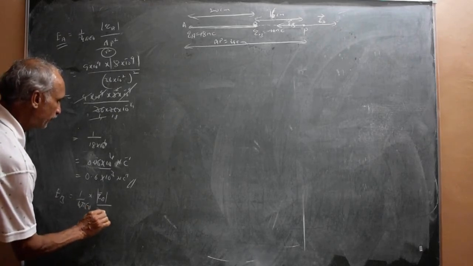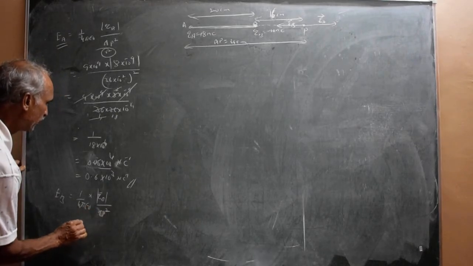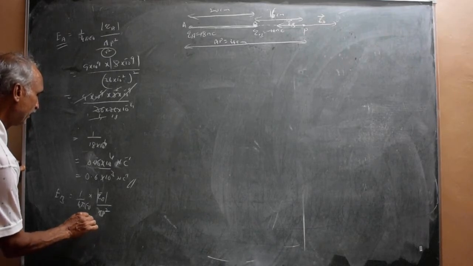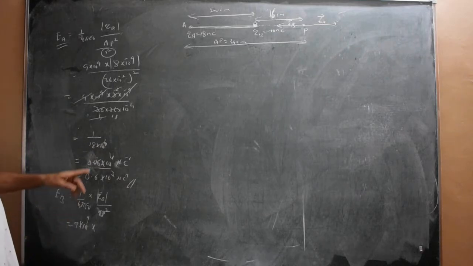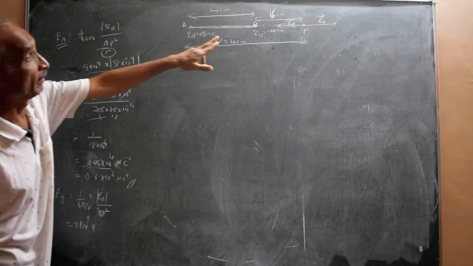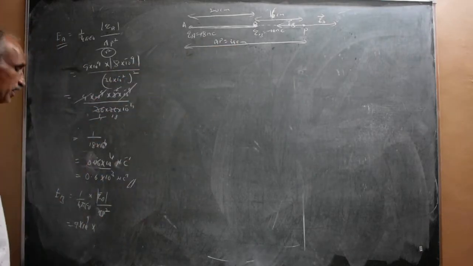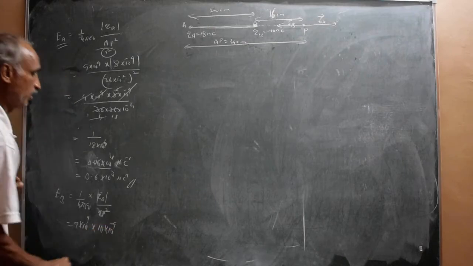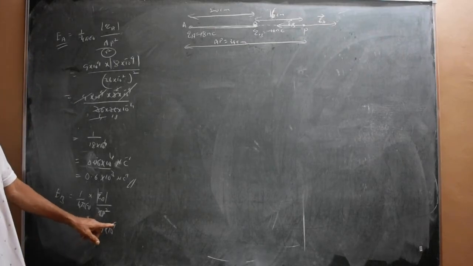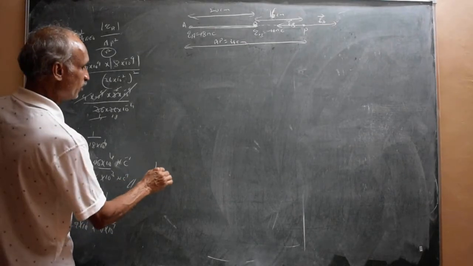The charge is at the point B and the point is P, therefore the distance R is equal to BP. 1 upon 4 pi epsilon naught value is 9 into 10 to the power of 9, into modulus of QB. QB is minus 10 nanocoulomb, the modulus of minus 10 is plus 10, into 10 to the power of minus 9. Nanocoulomb is 10 to the power of minus 9.